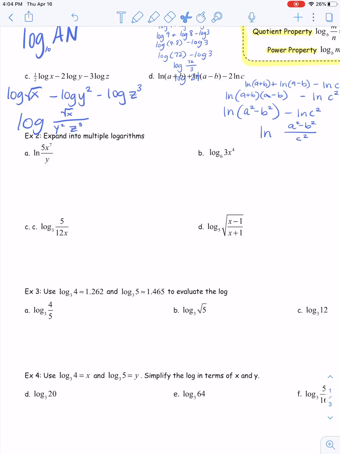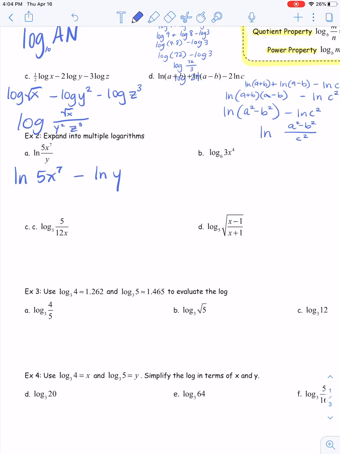So when I'm looking at part A in example 2, I know that I had to have had the natural log of this 5x to the 7th being subtracted with the natural log of y, because that gave me the division problem.